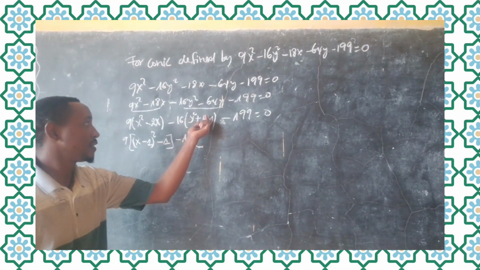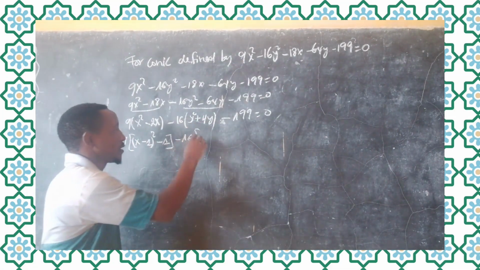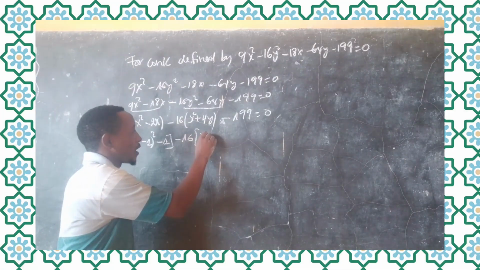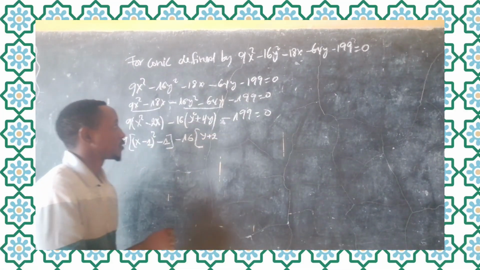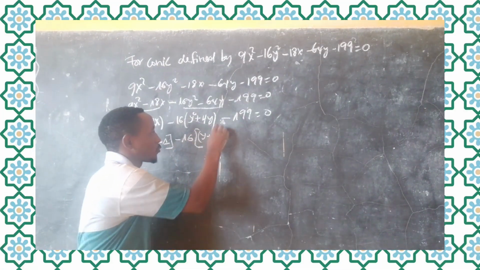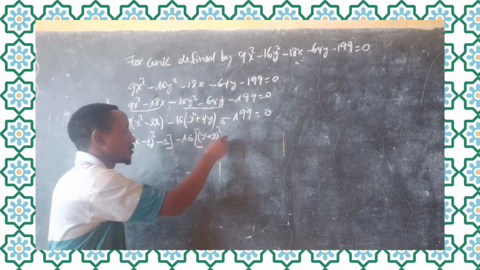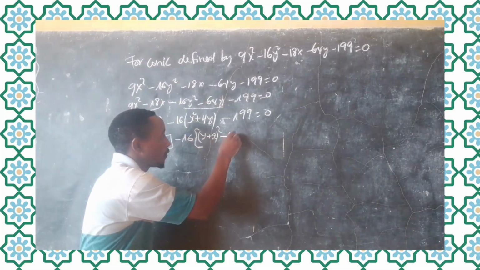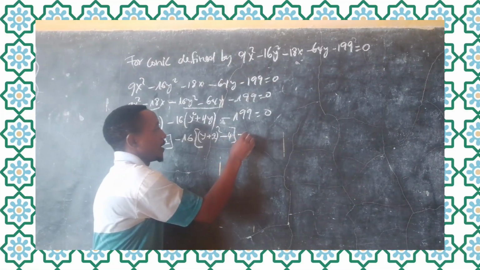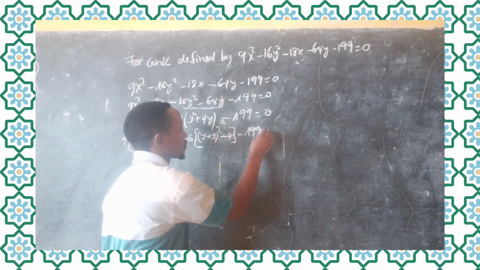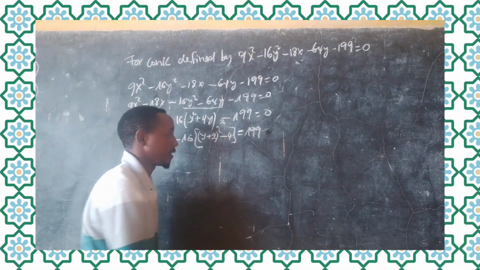Also we take this divided by 2, then we get y plus 2, power 2. Remember that we subtract in order to get minus 2 power 2, which is equal to 4. So minus 199 is equal to, or is equal to 199.